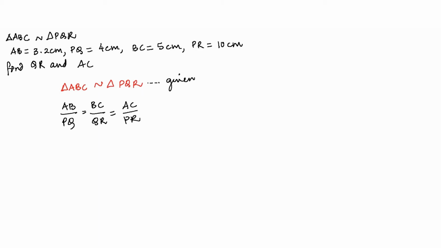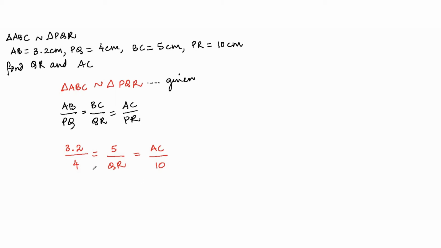The ratio of the three corresponding sides is equal, which means I can now substitute what I know. So 3.2 divided by PQ, which is 4, is equal to BC, which is 5, divided by QR, which I want to find, and AC is what I have to find. So AC divided by PR, which is 10.